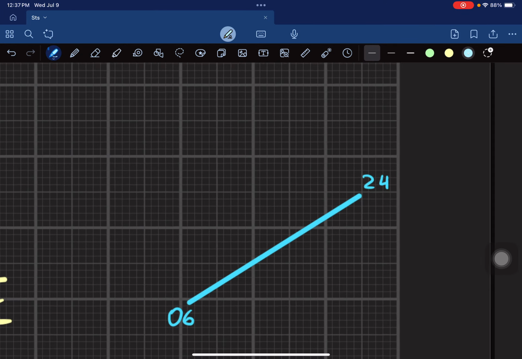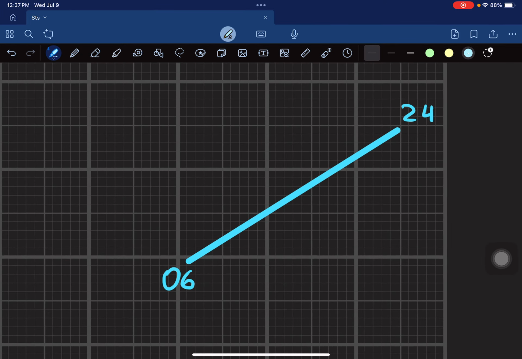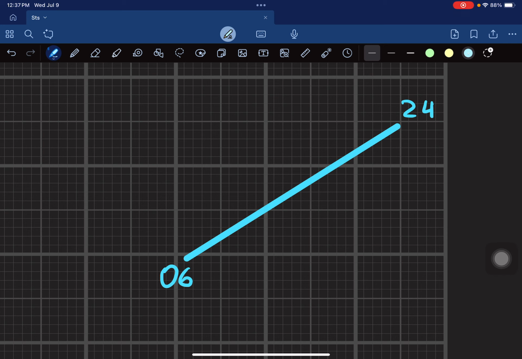It's the same as the runway labels. Runways are labeled according to their magnetic heading. If you're lined up and waiting for takeoff in the numbers of runway 24, your magnetic heading is going to be 240.